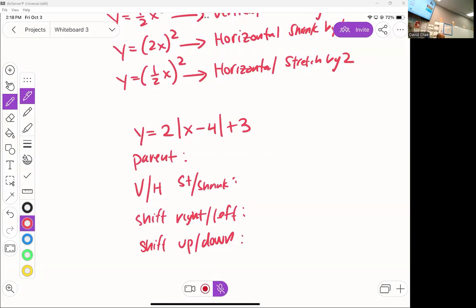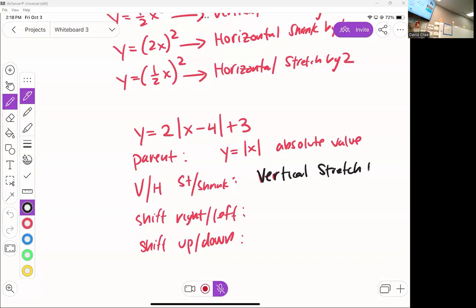All right. Grace, what's our parent function? Beautiful. Yes, y is equal to the absolute value of x. Ryan, what's our vertical or horizontal stretch or shrink? Good job. Vertical stretch by 2.